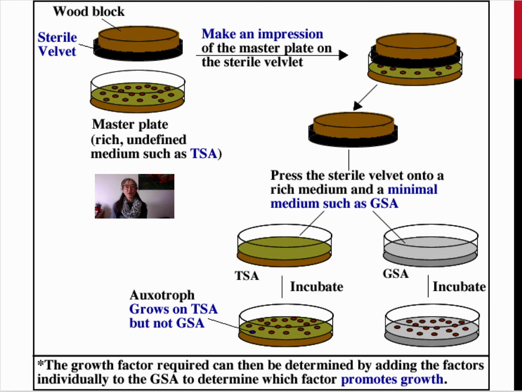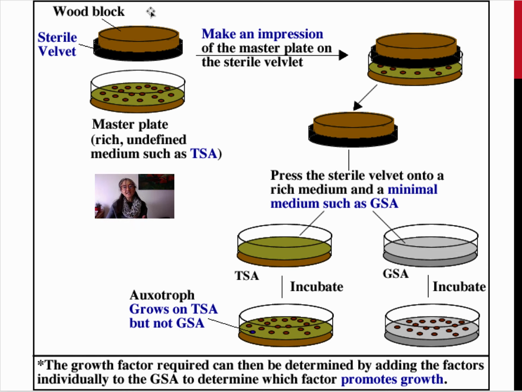With replica plating, we have a wood, or in our lab, it's a synthetic block. And the synthetic block has rivets in it where you can screw in a ring. And you put a piece of sterile velvet over the top of the synthetic block, and then you screw in the ring to hold the velvet tight.